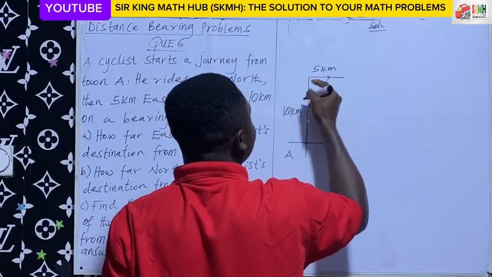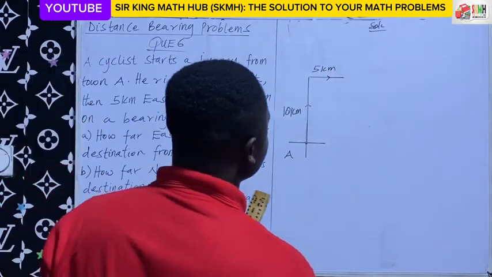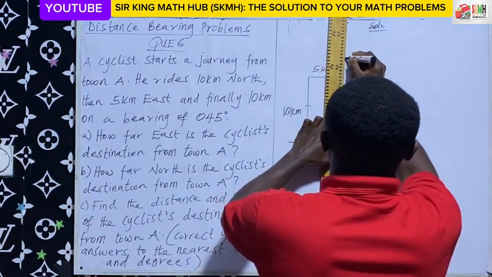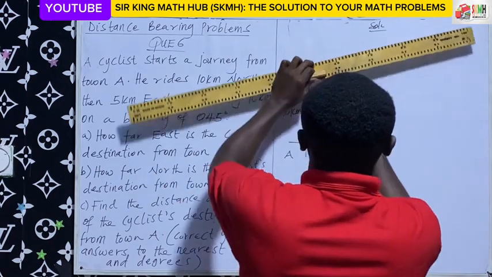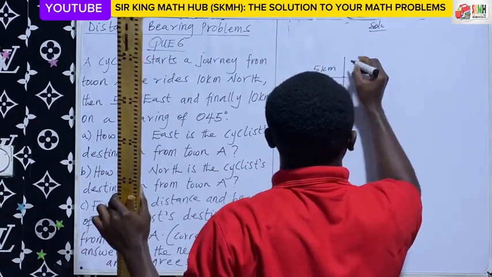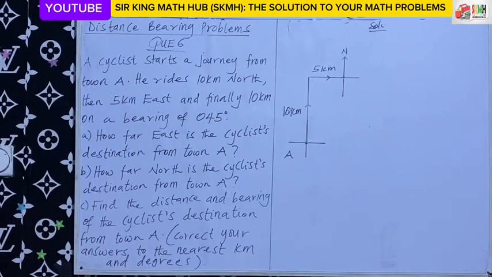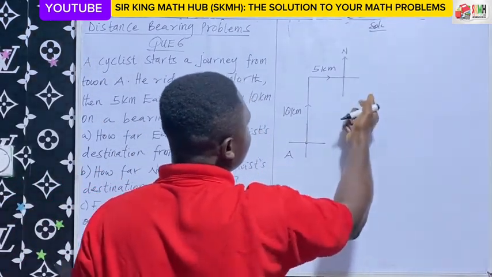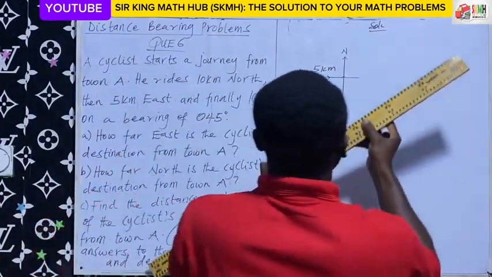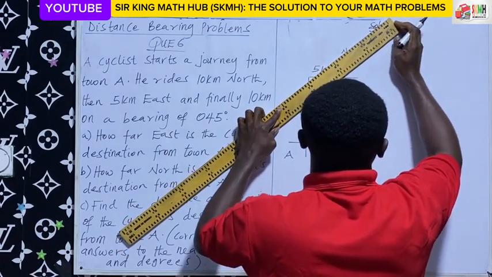A distance of 5 kilometers east, and finally 10 kilometers on a bearing of 45 degrees. So from here, you rode 10 kilometers on a bearing of, so this is our geographical north. You said that for the three figure bearing, angles are read from the geographical north in the clockwise direction. So from the geographical north in the clockwise direction, we have to measure 45 degrees.